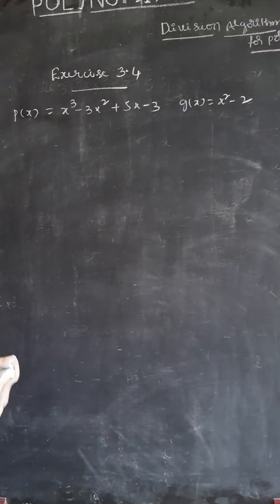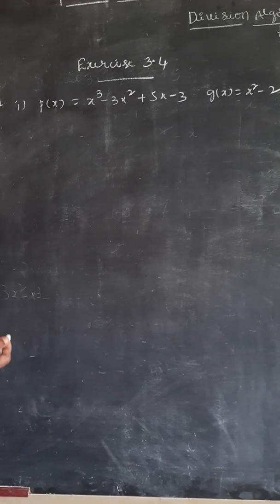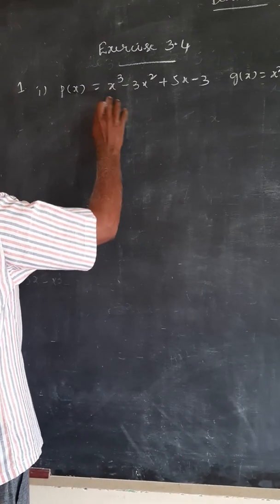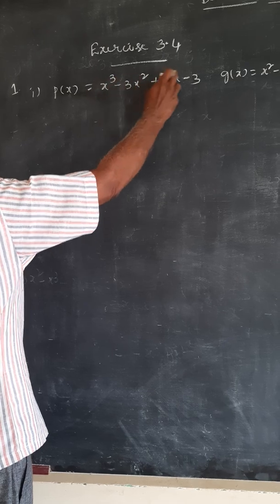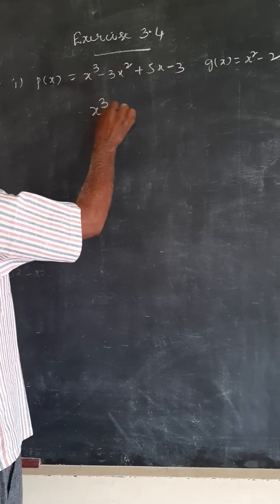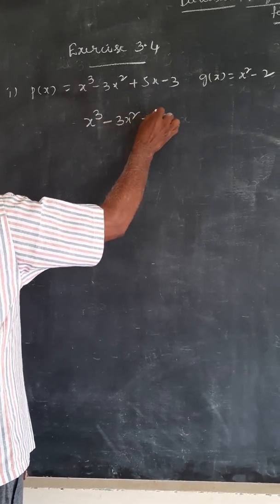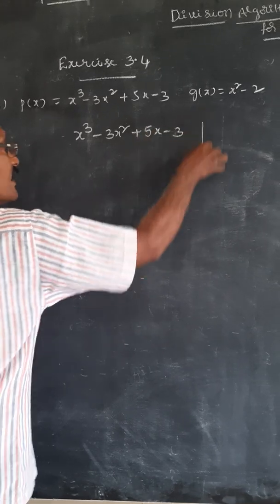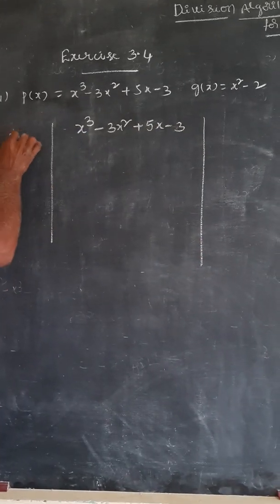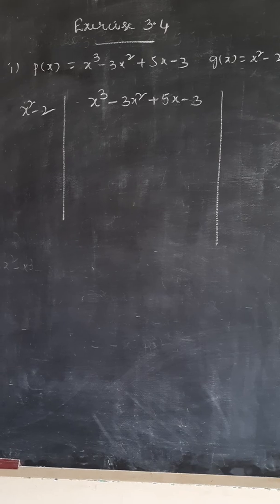So we will find the quotient and remainder. What is the given polynomial? Already the powers are in descending order: x cube minus 3x square plus 5x minus 3 divided by g(x), x square minus 2.